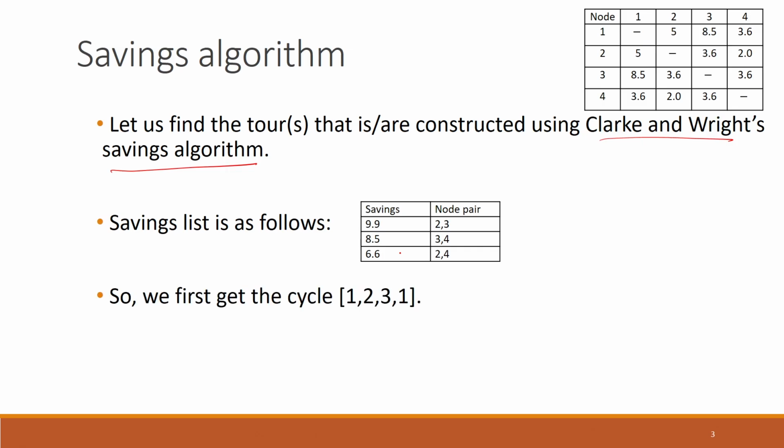So what we will do here is connect nodes 2 and 3, and while we do that we need to ensure that the conditions mentioned in this algorithm are satisfied. For example, both nodes 2 and 3 are on separate routes, because in the beginning a single vehicle visits each of the nodes 2, 3 and 4, so they are definitely on different routes.